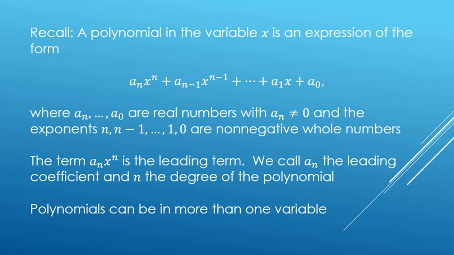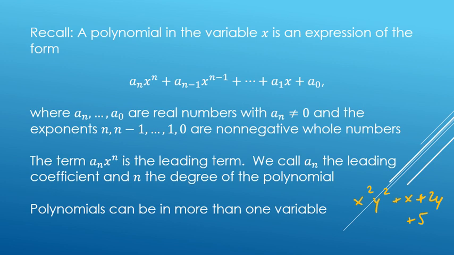And polynomials can be in more than one variable. You could have a polynomial in, say, x and y. Something like that could look like x squared y squared plus x plus 2y plus 5. Just anything where you have x to some power times y to some power, or just an x, or just a y, or a constant.